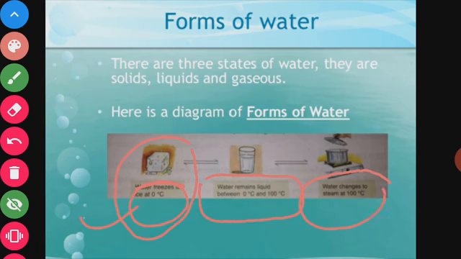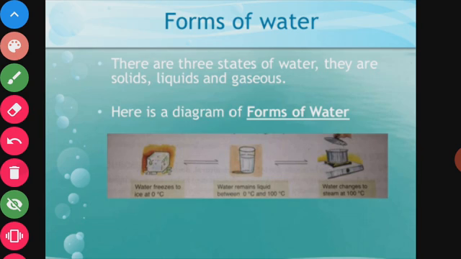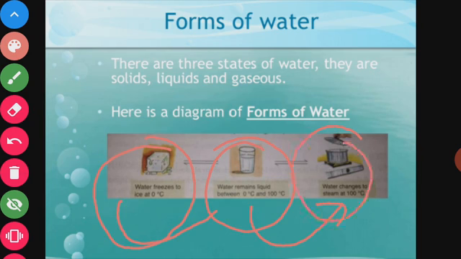This conversion of water from ice to liquid, its original form, and from there to steam, means that water exists in all three different states of matter, and these three states of matter are interchangeable. They get changed from one form to the next form.